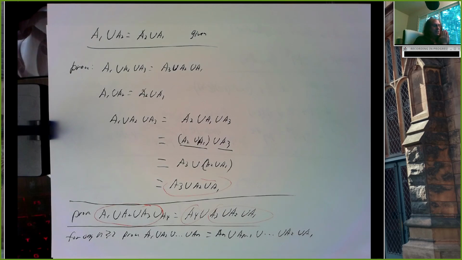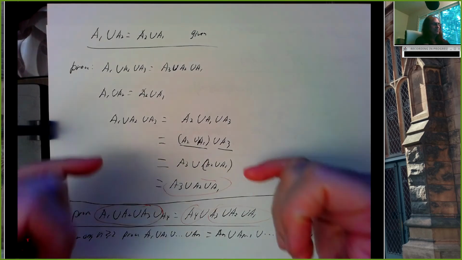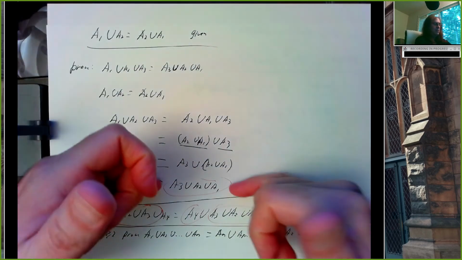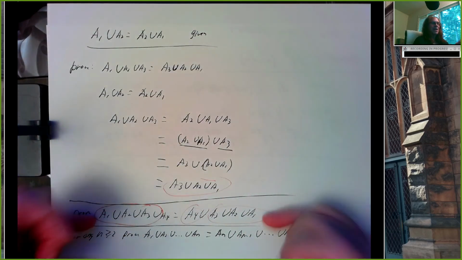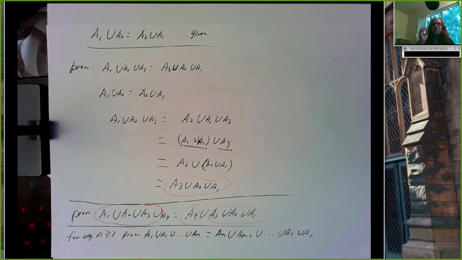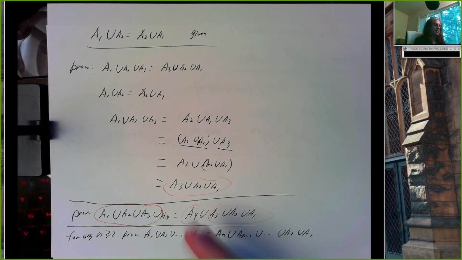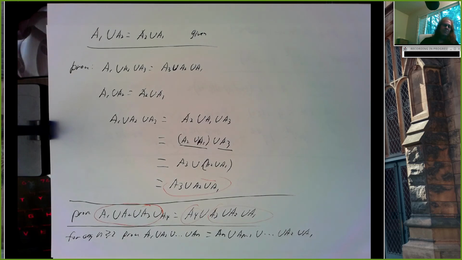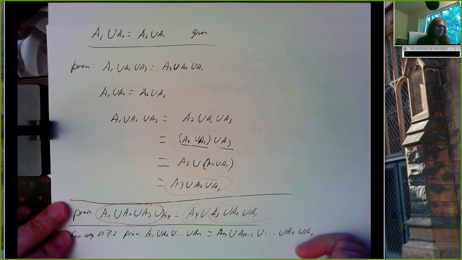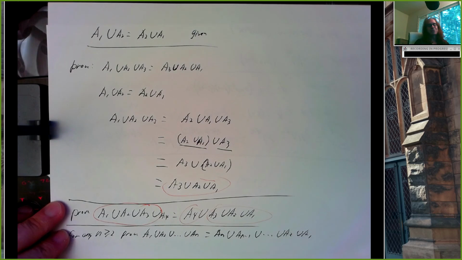And mathematical induction will let us take what we did, for example, to go from 2 to 3 or from 3 to 4, and it'll let us generalize it in a way that's completely rigorous, as opposed to just keep doing this until you get up to n sets. Okay, that's why we're going to spend some time studying and learning and using mathematical induction, because it lets us make this intuitive leap rigorous.